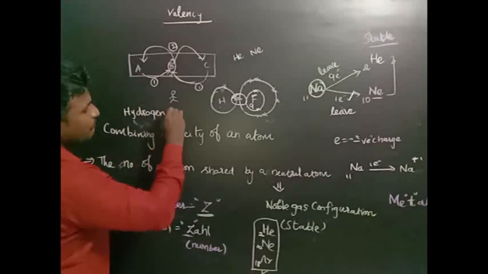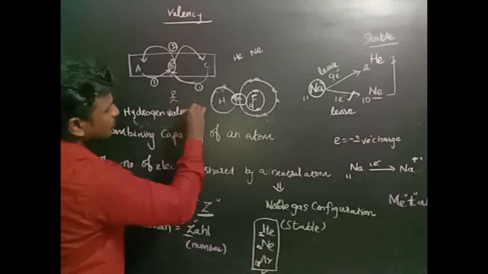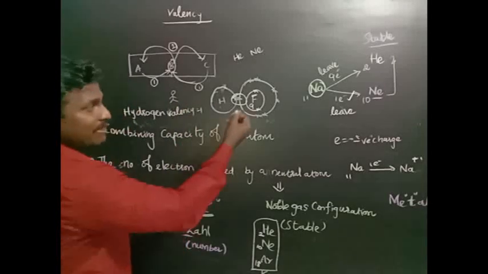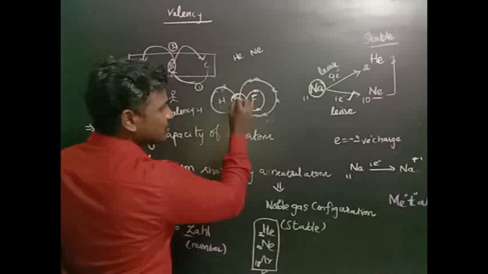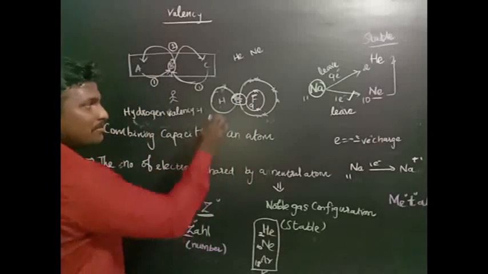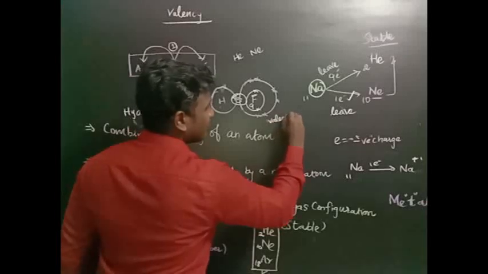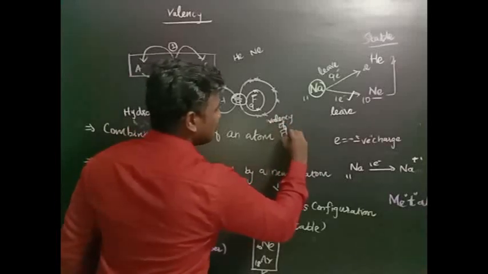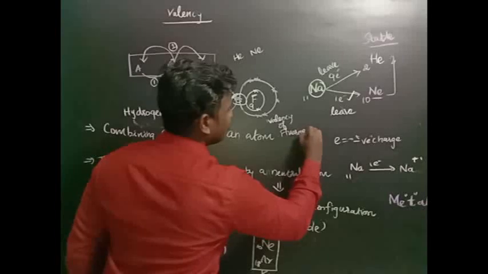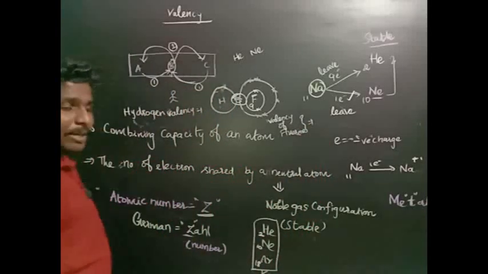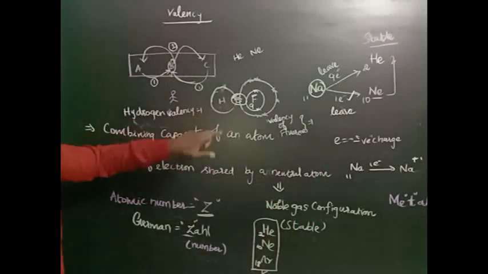So it is combining 1 time, so the hydrogen valency is going to be 1. Then what is the valency of fluorine? Fluorine also is going to receive only 1 electron from the hydrogen atom. So the valency of fluorine also is going to be 1, right? So it is called combining capacity.